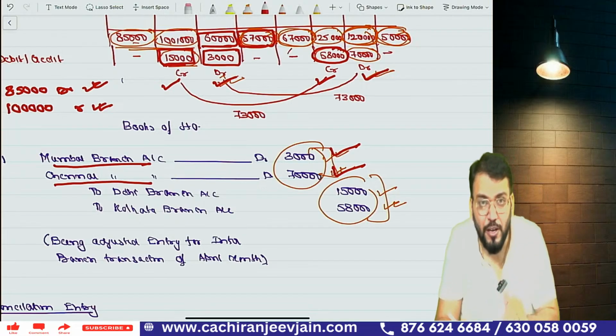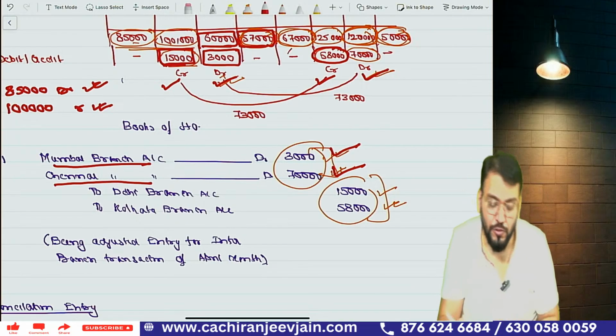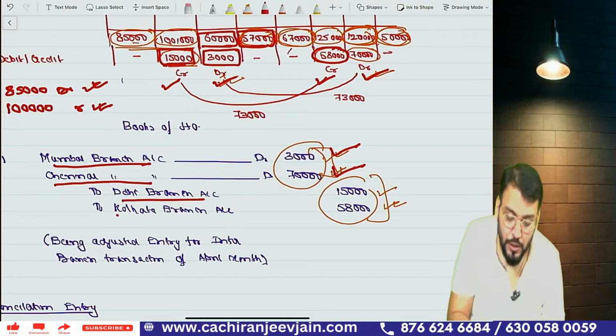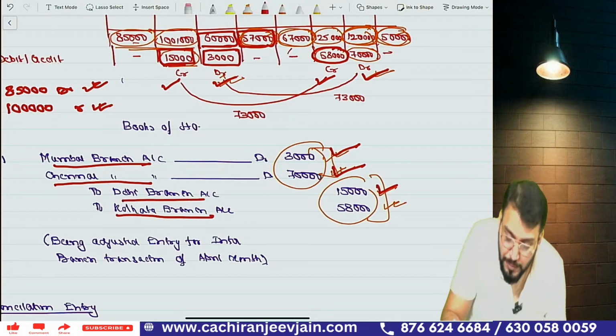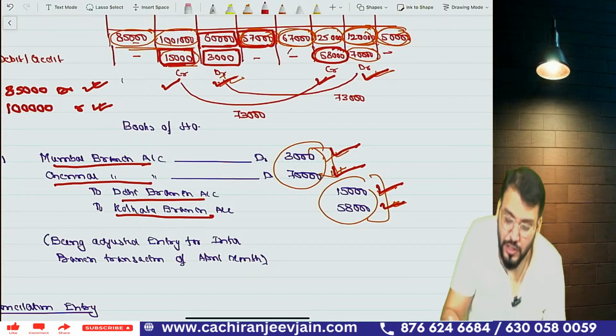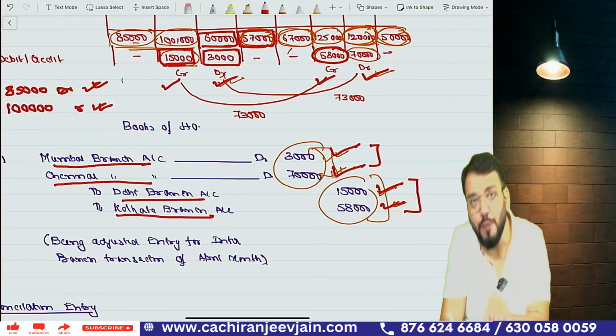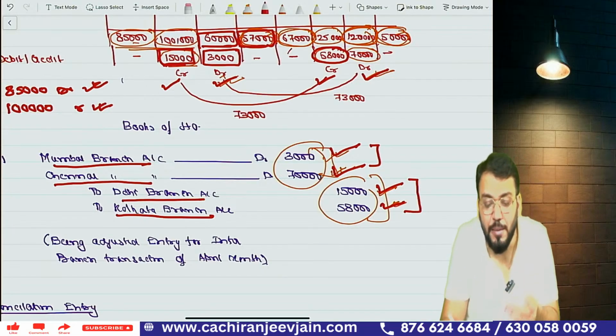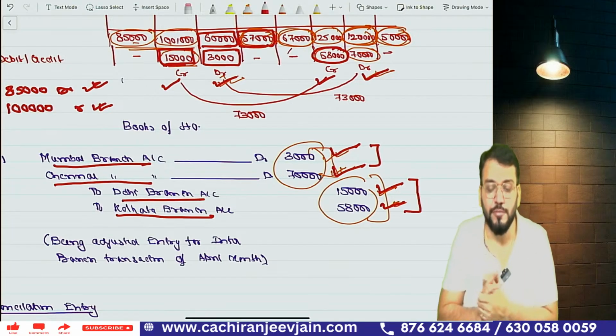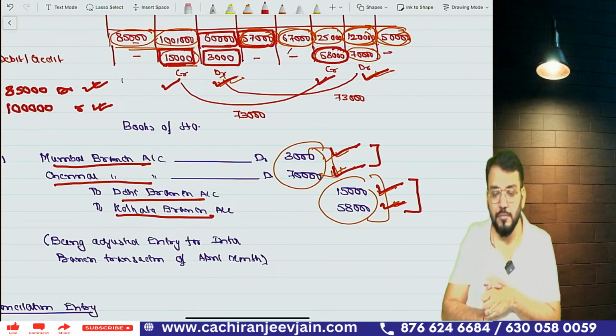So in the books of head office, we'll credit these two accounts, to Delhi branch account and to Kolkata branch account, with 15,000 and 58,000, and you'll see that the total debit and total credit will be equal. It will always be equal. Why? Because we are following the double entry system. Now have you understood? Naresh, respond.